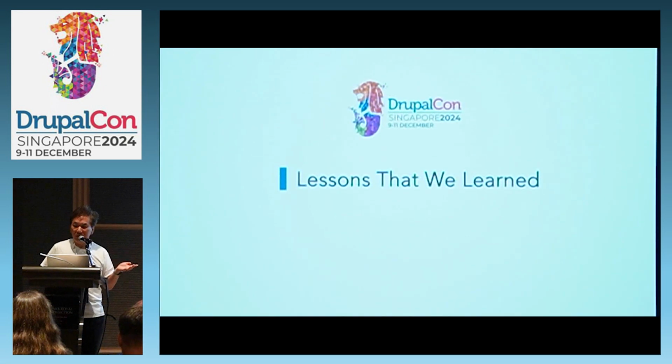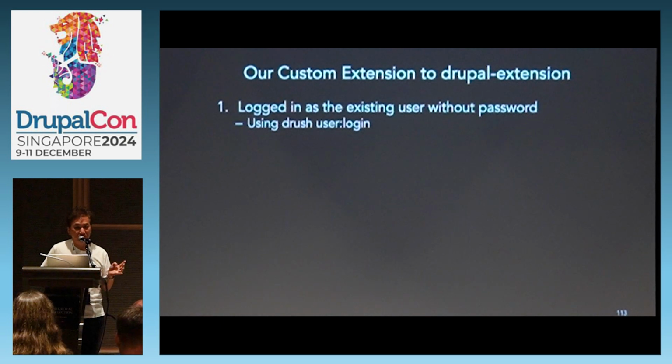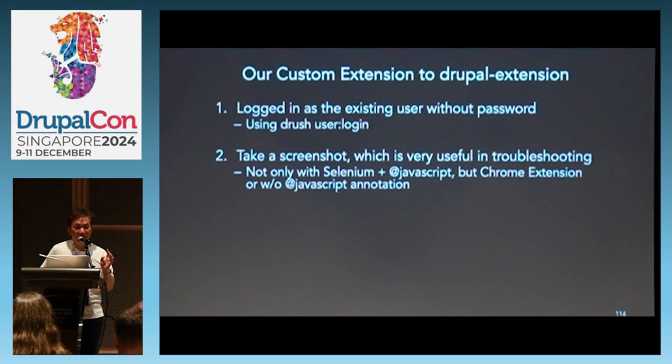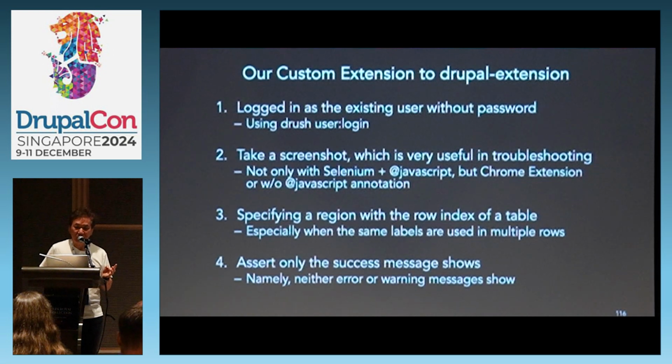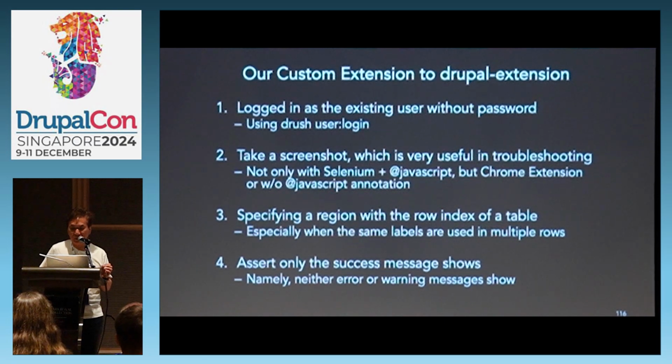So here are the lessons that we learned. We forked the Drupal extension and added our own custom actions for the scenarios, such as the login process, taking a screenshot in case of test failures, tests for table loads, and assertions of success status messages.